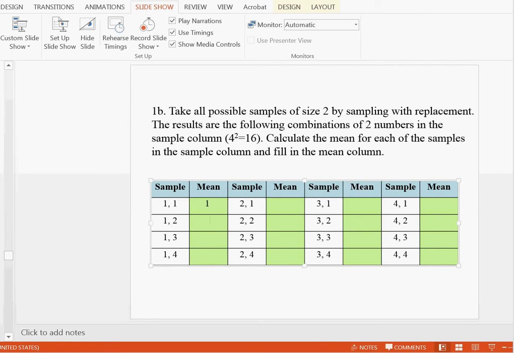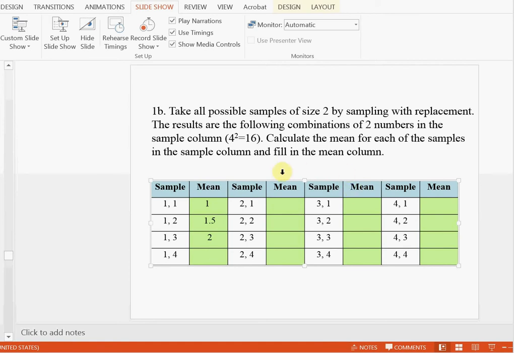For the second sample, 1 and 2, put the 1 and 2 together is 3, divided by 2, you have 1.5. And the next one is 1 plus 3. 1 plus 3 is 4, divided by 2 is 2. So the sample mean is 2. So you do the same for all samples. You calculate the sample mean for each sample of size 2.